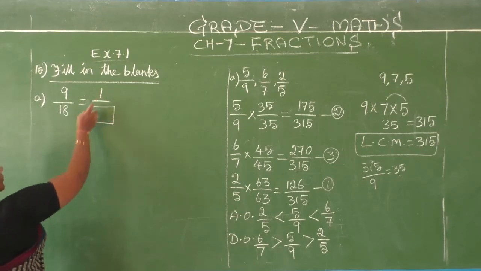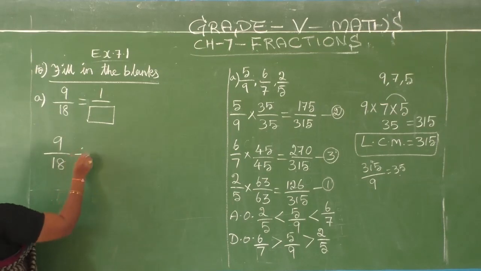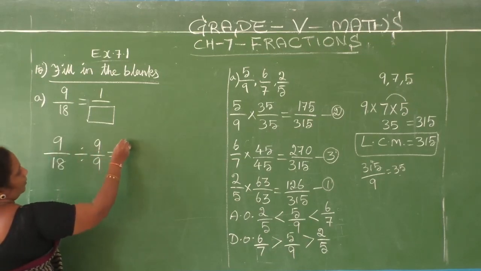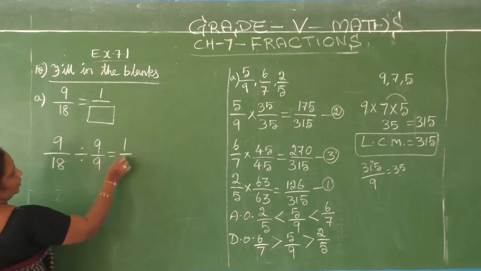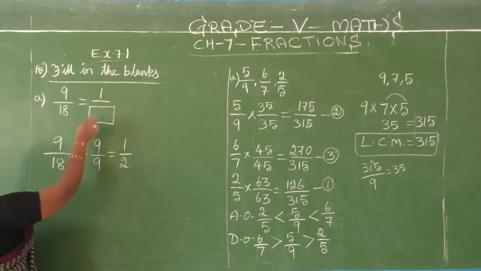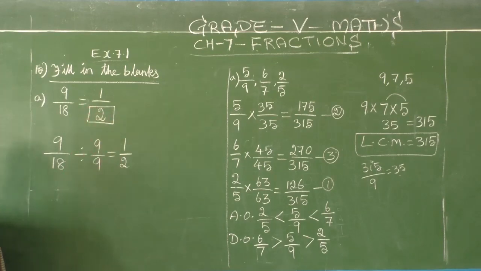So 1 time. See, like this you have to find out. 9 by 18 divided by 9 by 9. 1 9s are 9. Then how many 9s are in 18? 2 9s are 18. So what do we have to fill in the dash? 2. 2 9s are 18. Likewise you have to find out and write the answers.